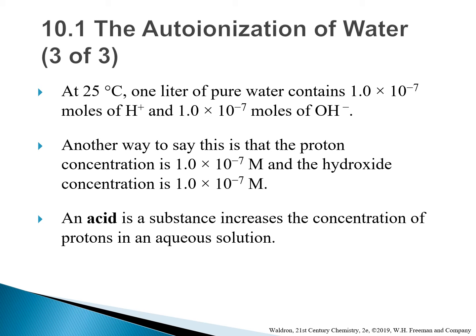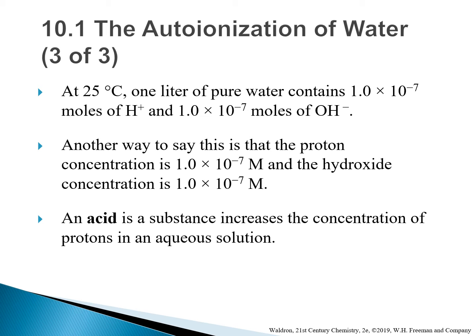In 1 liter of pure water, only about 1 in every 550 million molecules autoionizes to form a hydroxide ion and a proton. Thus, pure water is mostly water molecules, but it has a few ions as well. An acid is a substance that increases the concentration of protons in an aqueous solution.